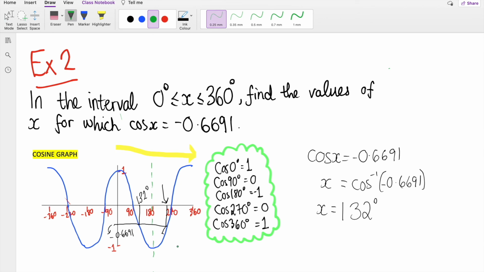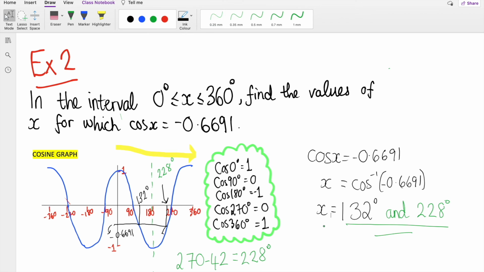So to find this point here, I just need to do 270 degrees subtract 42 degrees. 270 subtract 42 is equal to 228. So this point here must be equal to 228 degrees. So my second x value is 228.